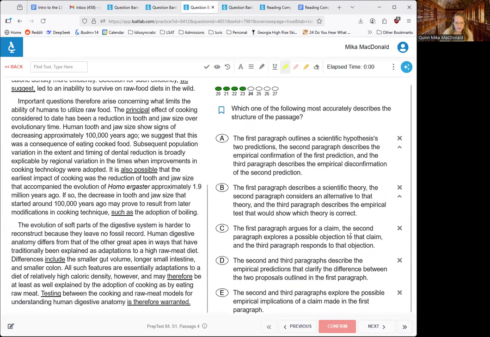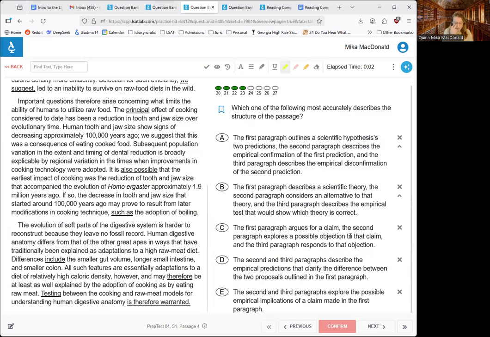All right, structure. Structure questions are another one where notes are really, really helpful, right? If you have good notes about a passage, then that usually helps you develop a very clear sense of what each paragraph is doing.